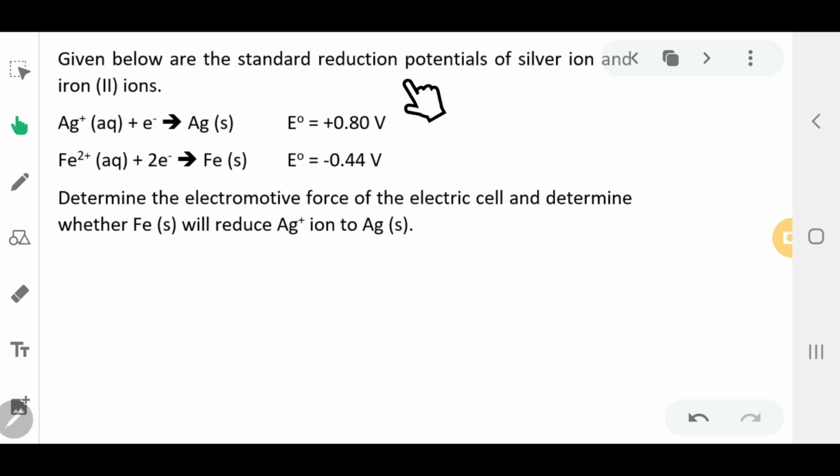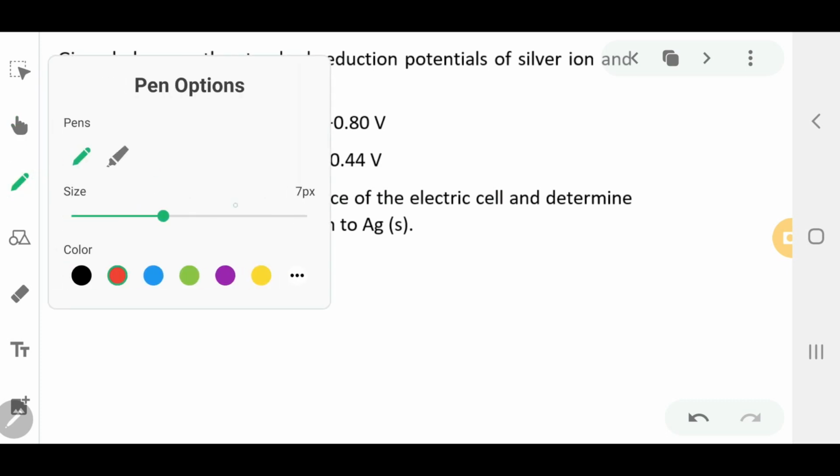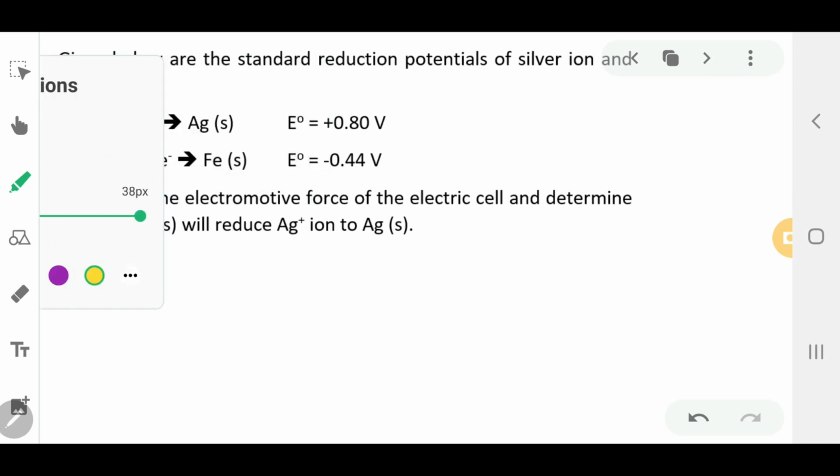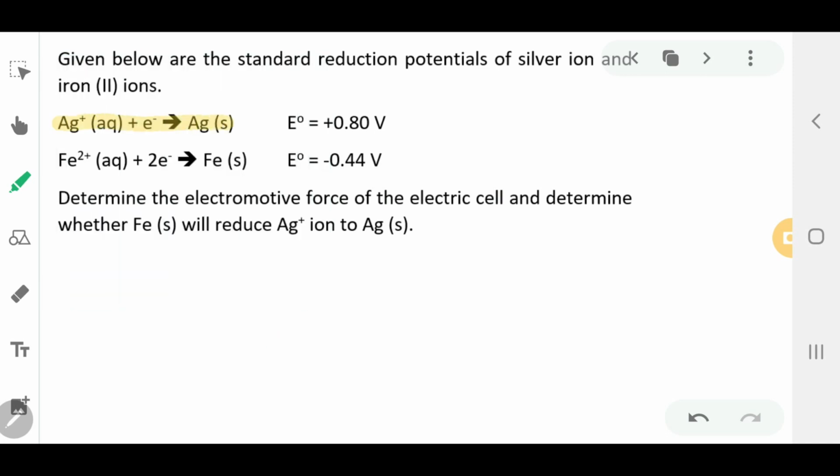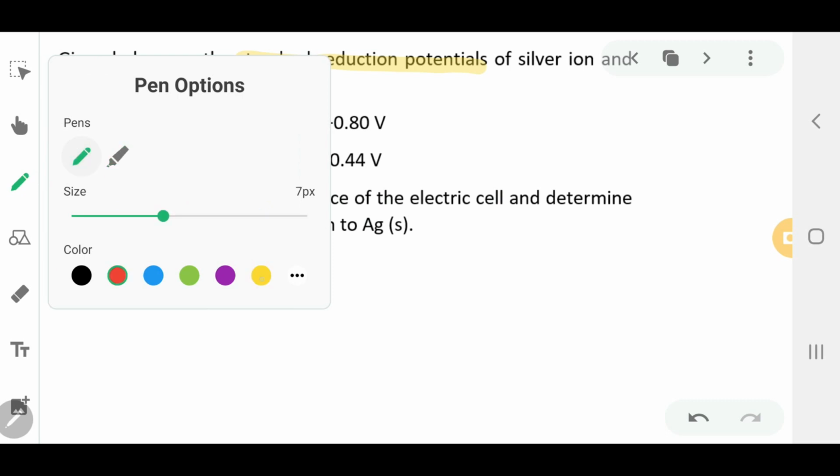Given to you are the standard reduction potentials of silver ion and iron 2 ions. When you look at the reaction over here, both of them are in reduction form, and the question says that these are the standard reduction potentials.